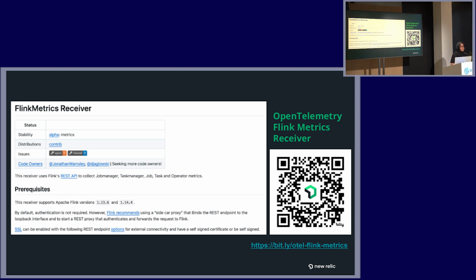It's in alpha state, which means it's not as mature as some of the other offerings from OpenTelemetry. But it's pretty decent because it will use Flink's REST API to collect job manager, task manager, and all the other operator related metrics. So again, you can follow the documentation. It's easy to follow. If you have any questions, please feel free to reach out.